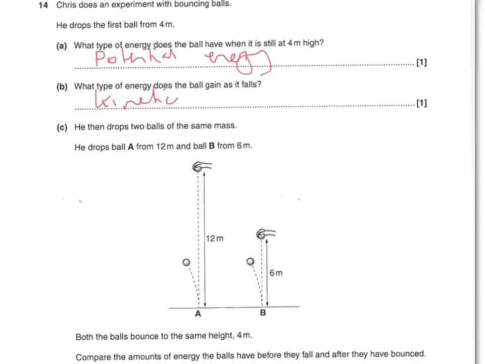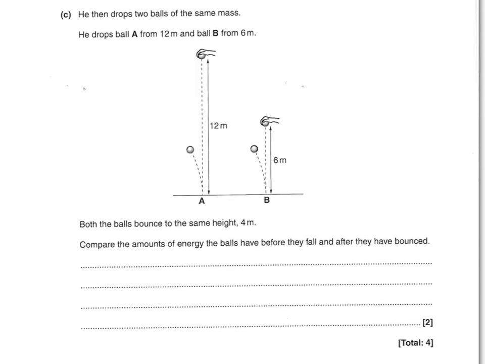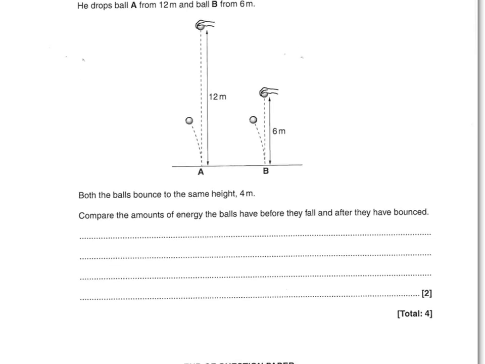And then he drops 2 balls of the same mass. He drops ball A from 12 meters and ball B from 6 meters. Both the balls bounce the same height, 4 meters. Compare the amounts of energy the balls have before they fall and after they have bounced. So here you've got to say that ball A will have more potential energy because it is higher up.